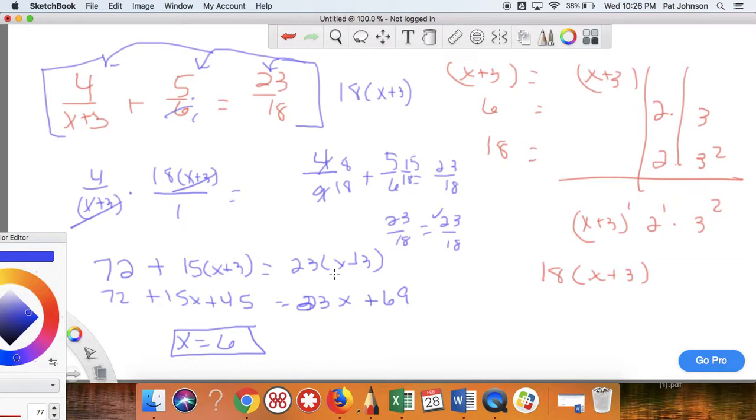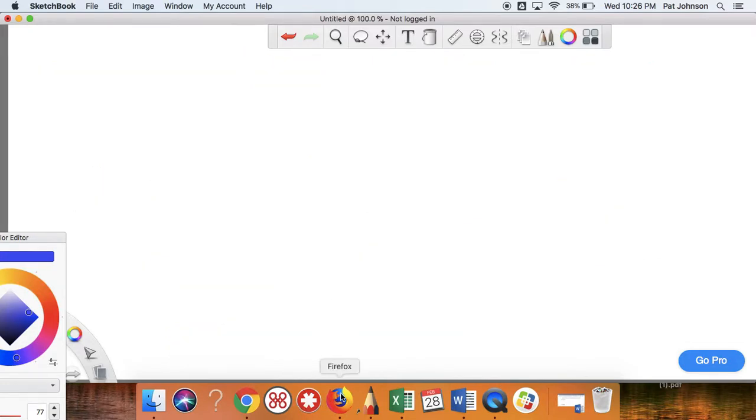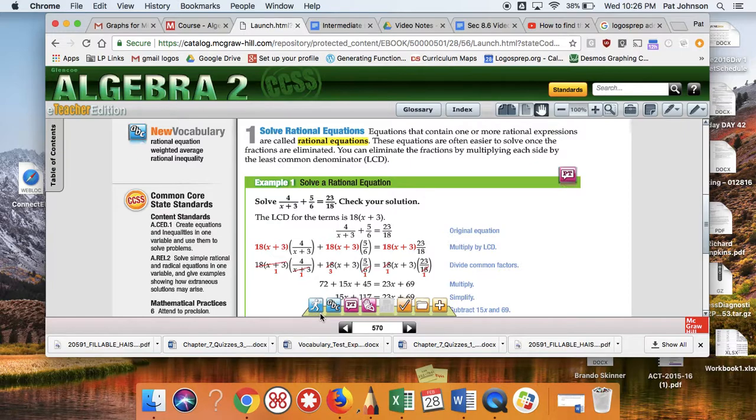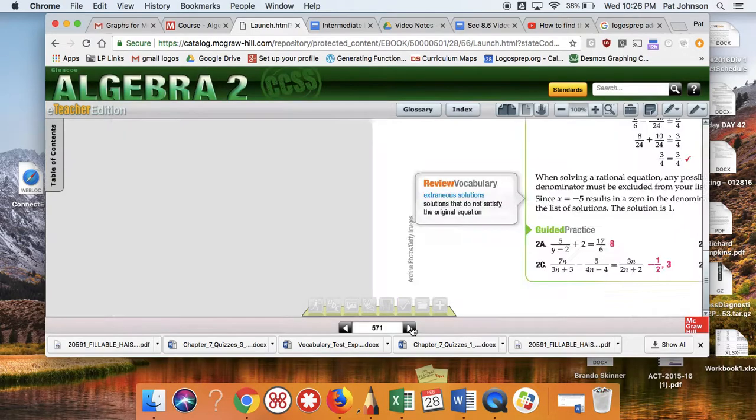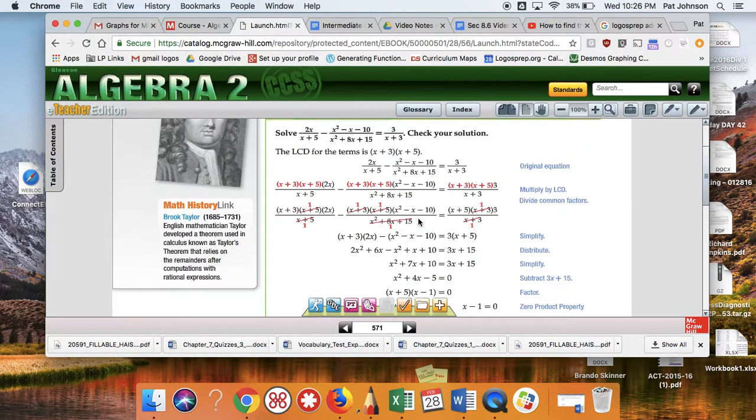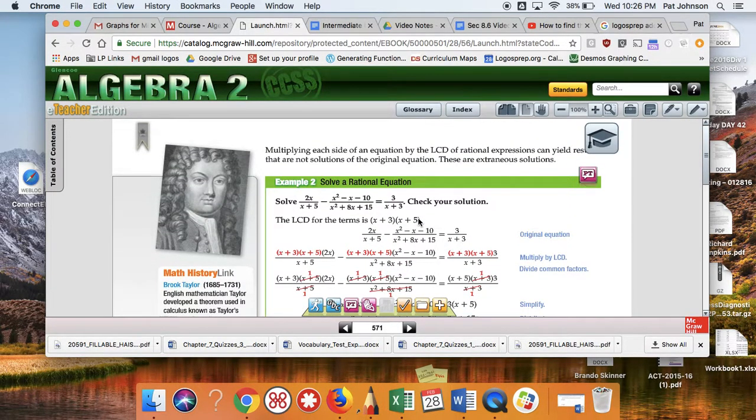So let's look at example number 2. Again, you have to be careful. The first thing we're going to do is get an LCD.